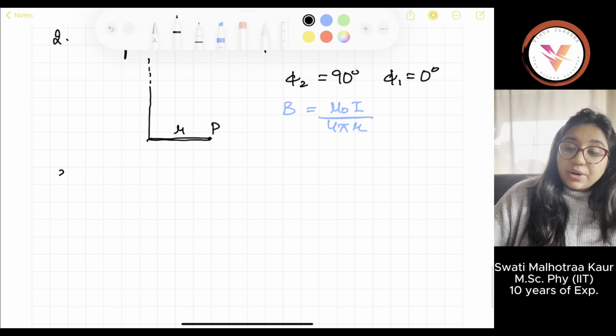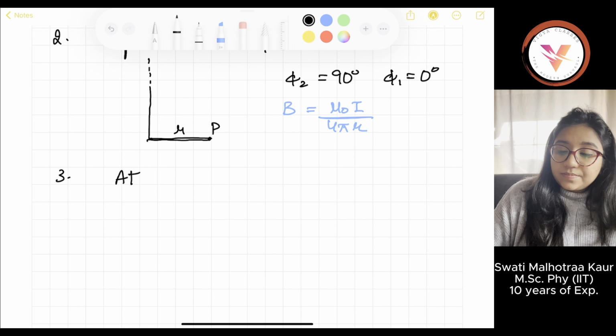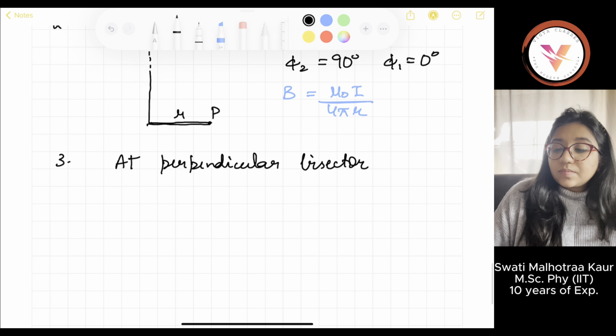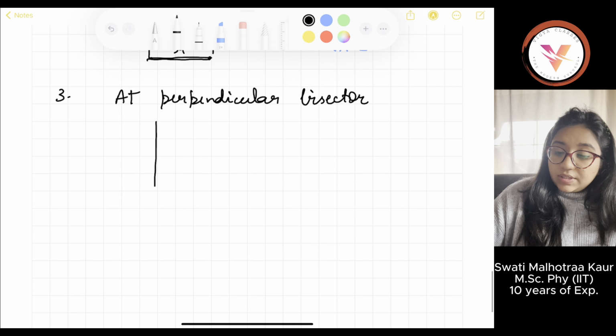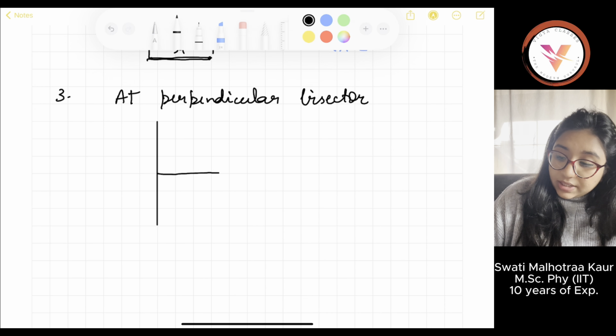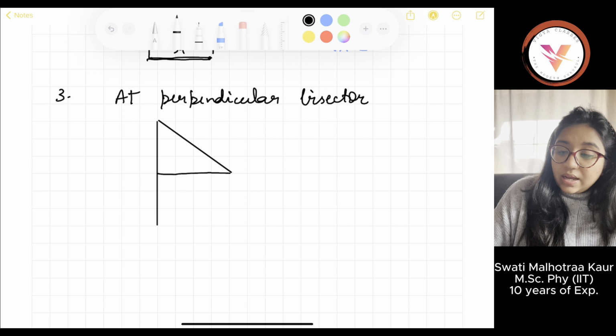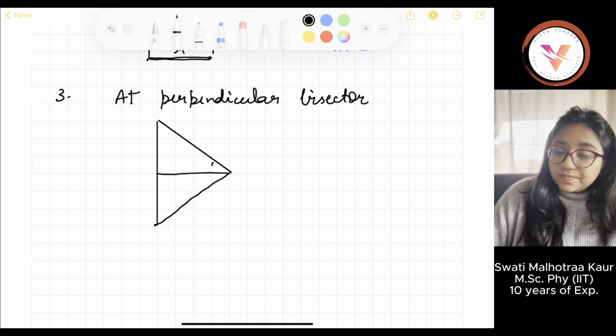Now if you want to calculate at the perpendicular bisector, that means both the angles are equal. If this is the wire, which is a finite one, and you have to calculate somewhere in between, that means this angle and this angle are equal.